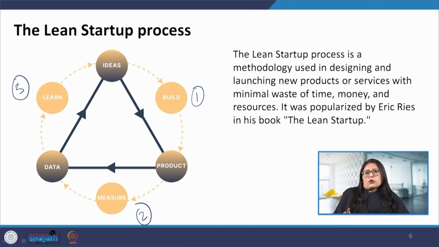This also helps businesses to recover quickly. So if a business, for example, has put in a lot of effort in planning out a whole 5-year business model and then it fails, that is a big setback for the company. But here, because we are doing quick hypothesis checks, we are taking small hypotheses, testing them out.